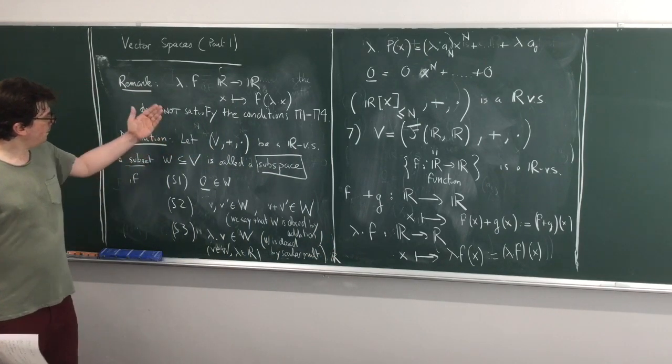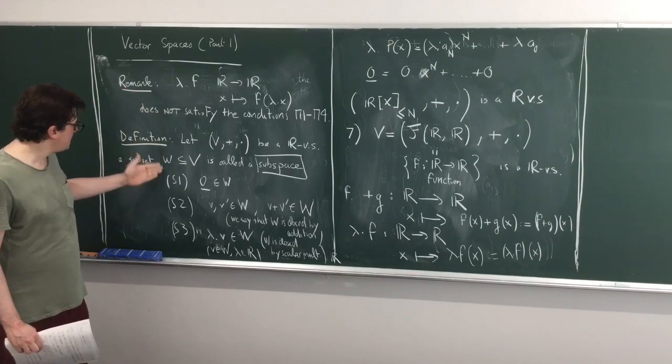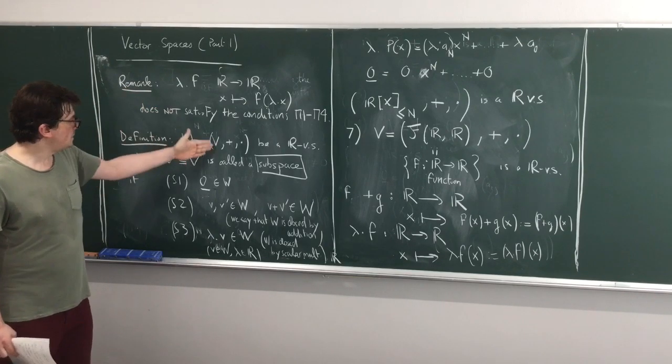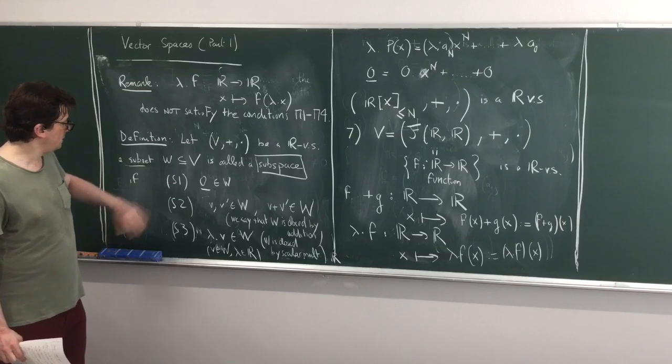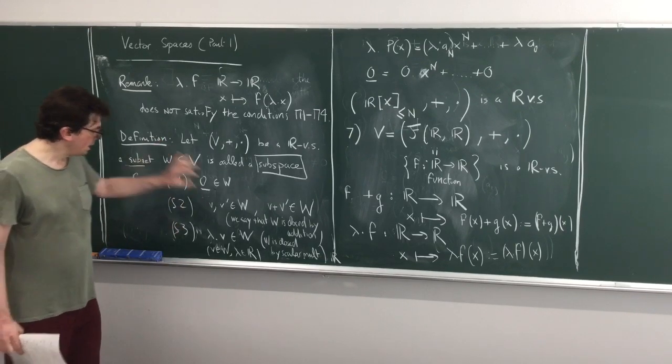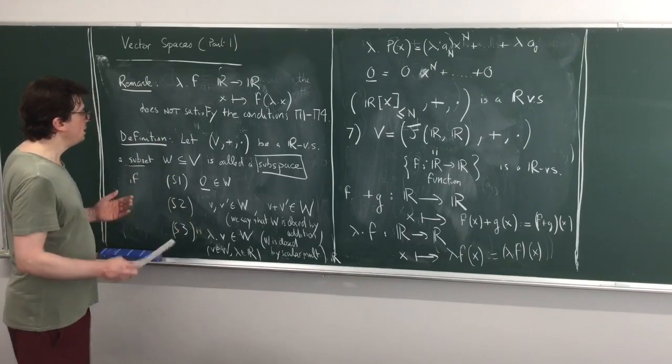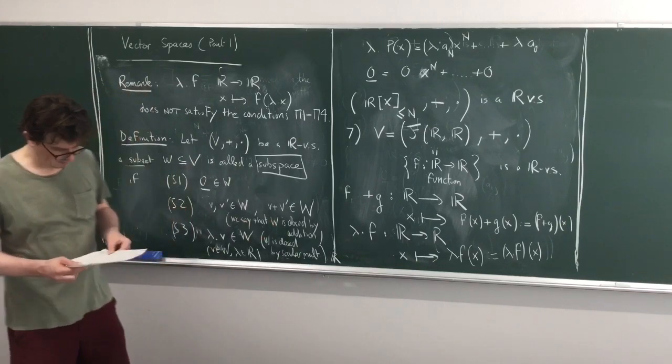So if you are given a subset of an R vector space satisfying these three conditions, then you will call it a subspace.